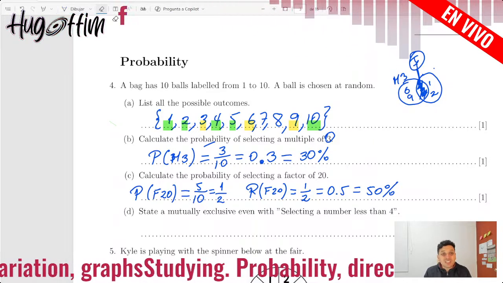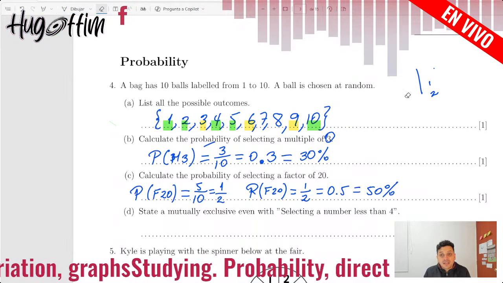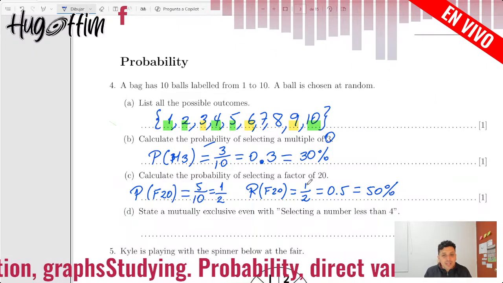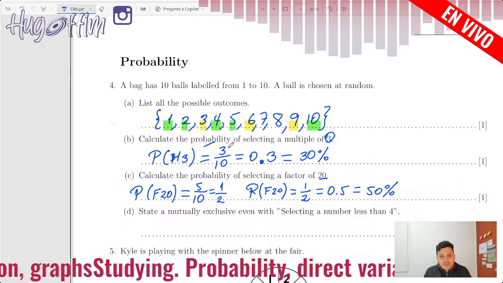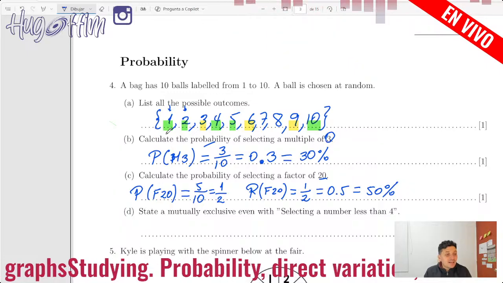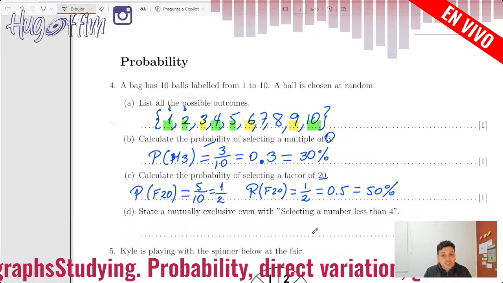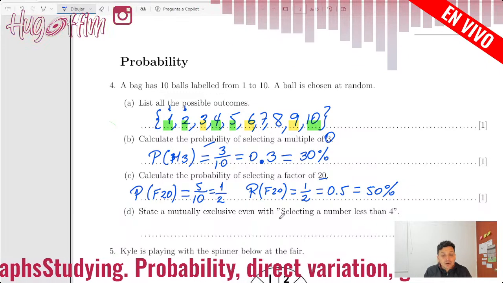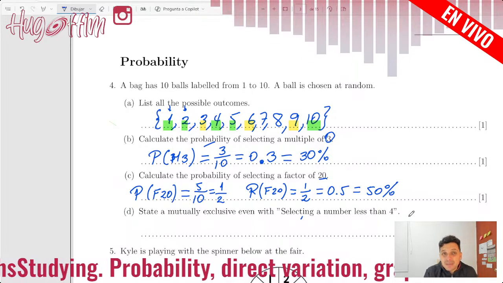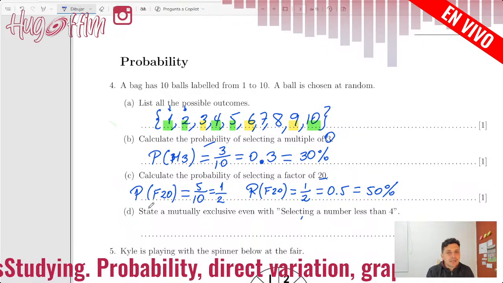So this cannot be a mutually exclusive event. Same thing with the factors of 20, because in the factors of 20, there's 1 and 2, which are less than 4. So you must select any other event that is going to happen, but not at the same time as a number less than 4.